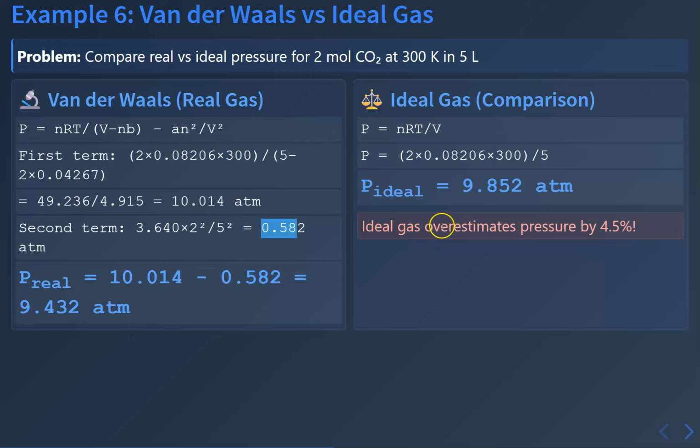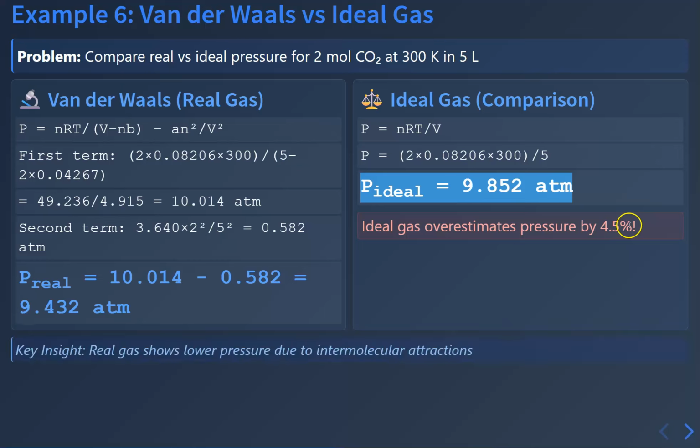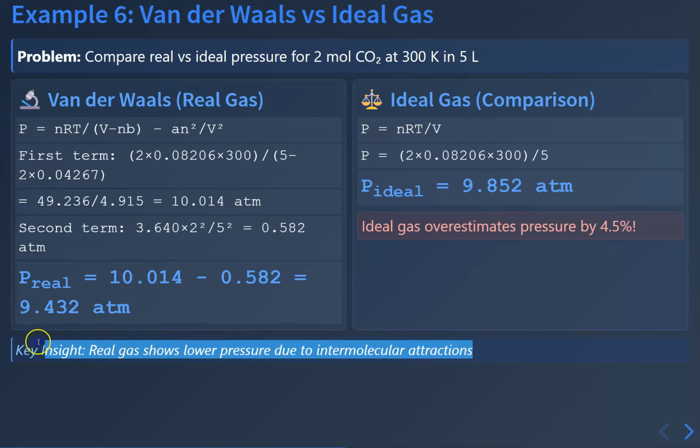So the ideal gas overestimates pressure by 4.5%. P ideal is 9.852, P real is 9.432. Key insight: real gas shows lower pressure due to intermolecular attraction.